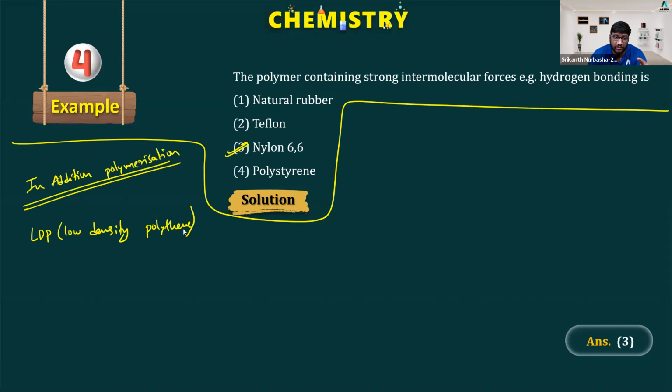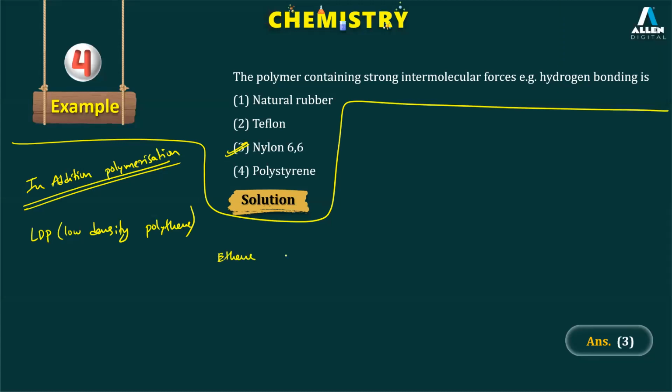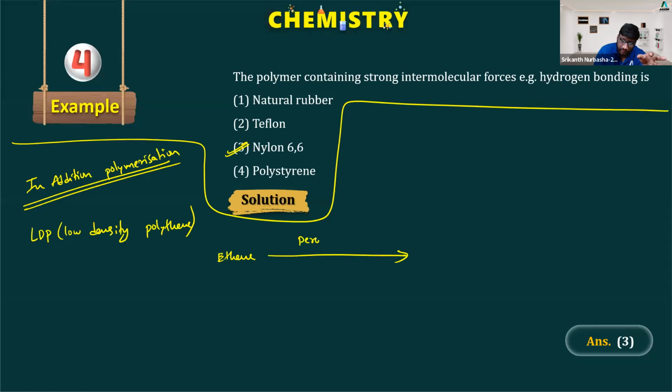It is a polymer of ethene obtained by treating ethene in the presence of peroxides at a pressure of 1000 to 2000 atmosphere and a temperature of 350 to 570 Kelvin, and you will be generating the respective LDP. Peroxide acts as a chain initiator.